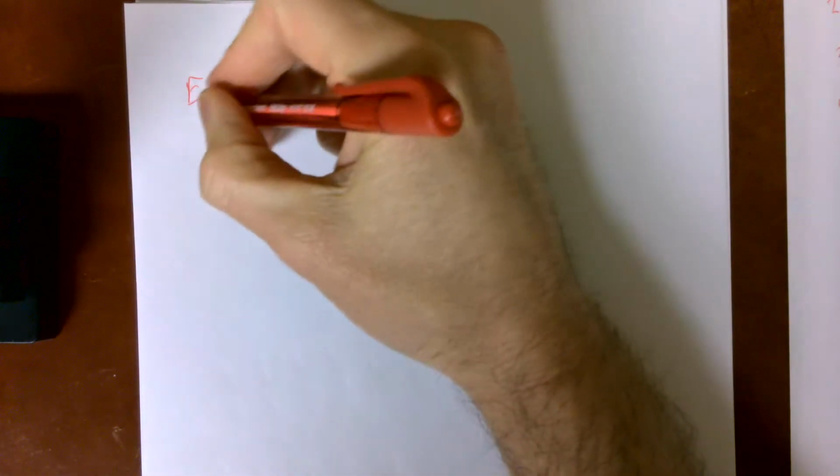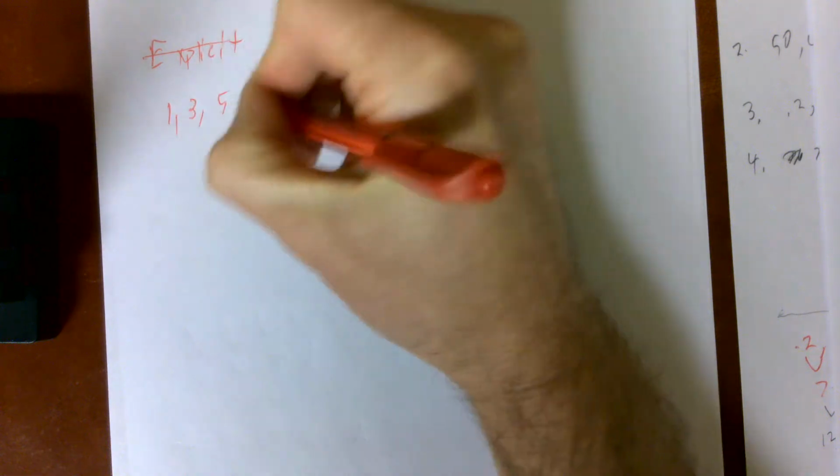Actually, let me back up just a little bit. In dealing with sequences, there's some terminology I want to make sure everybody's clear with. So I'm going to bring back our first sequence that I had: 1, 3, 5, 7, 9.